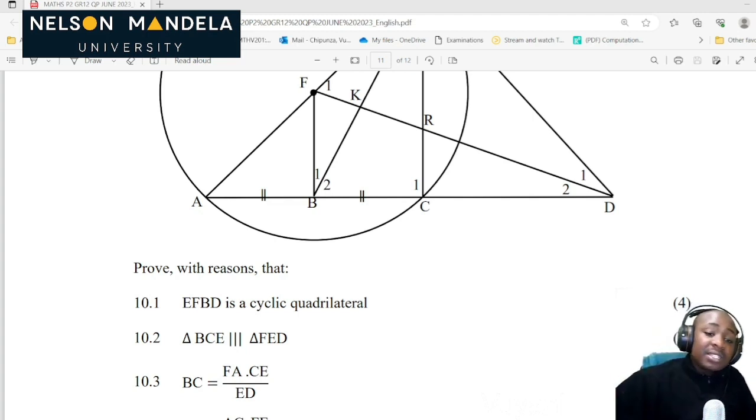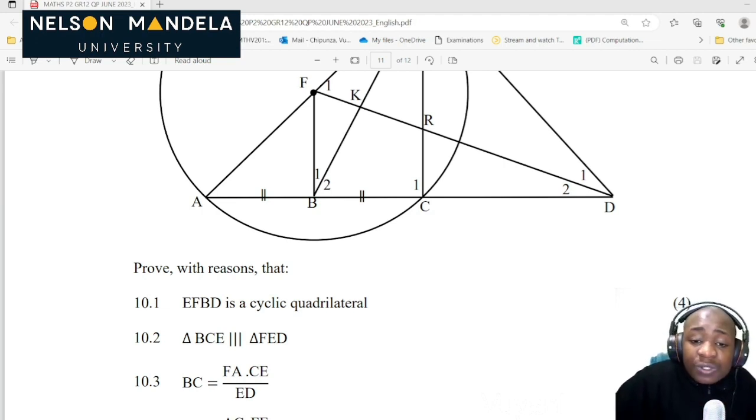The first thing which is important when solving this kind of question is to write it down so that we can see what's going on. First thing you do is write 10.2: in triangle BCE and triangle FED, so that we can see which two triangles you are talking about.